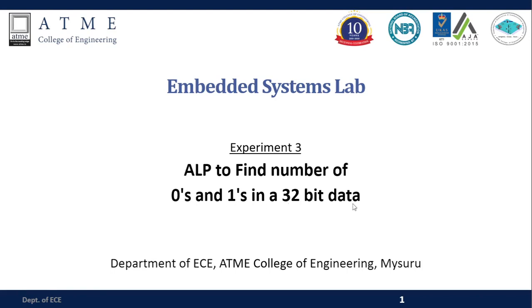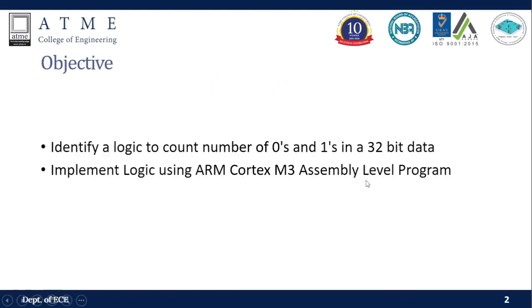So in this experiment we are basically going to look at what is the logic that is generally used for counting the number of zeros and ones in any given binary data stream, and how we are going to implement that logic. Let's look up a very simple algorithm that we're going to use, and how that algorithm we're going to implement using an ARM Cortex M3 assembly level program.